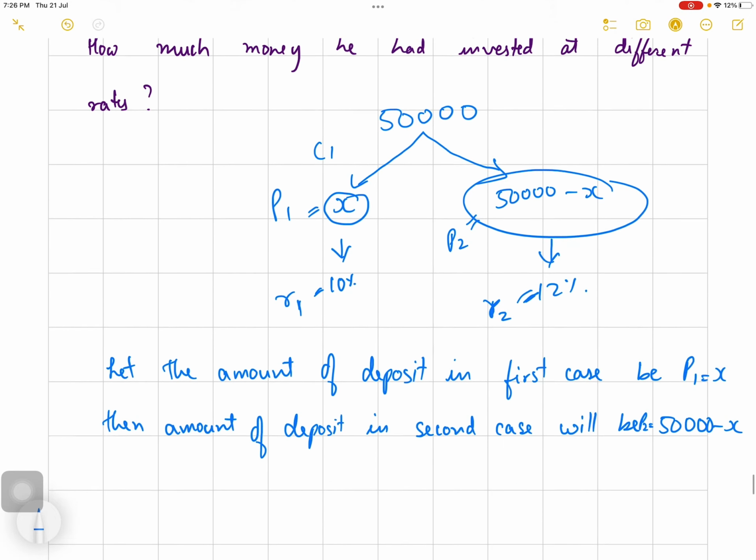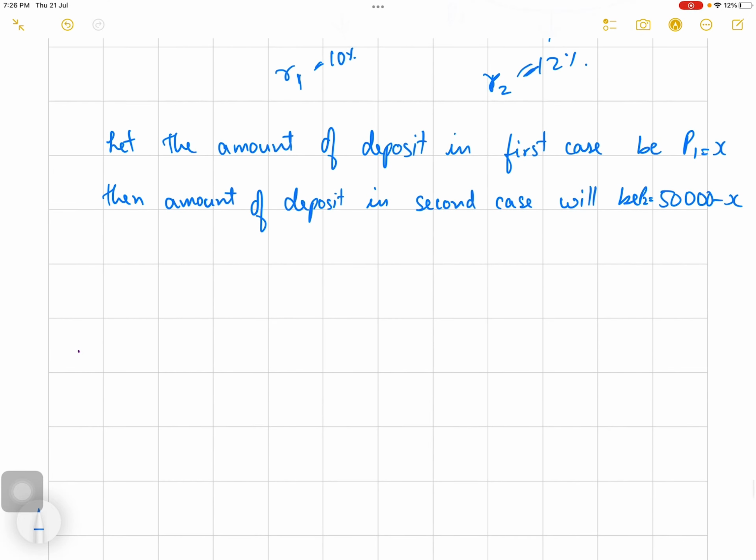The rate of interest is given. For case 1, I mean part 1, R1 is given as 10%, which is 0.10 or 0.1. T is 5 years in both the cases.